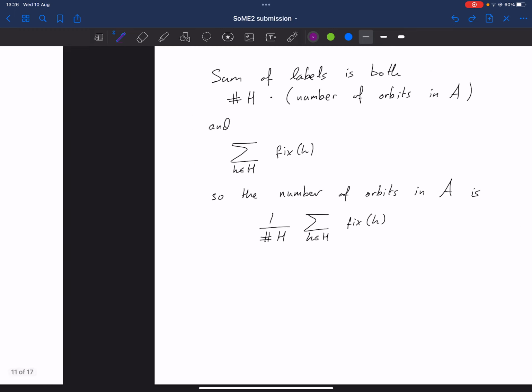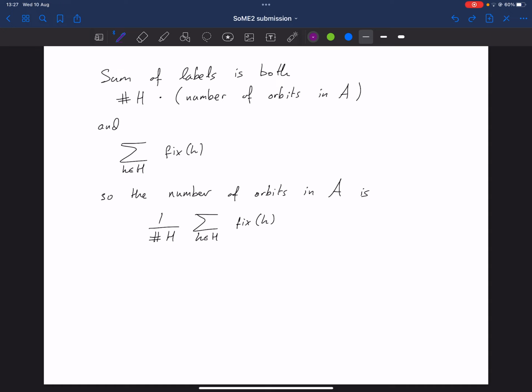Alright, now we have calculated the same quantity in two different ways. So we know that the sum of all the labels in our diagram is both the number of elements of our subgroup H multiplied by the number of orbits in A, and also this sum over the elements of H of the number of fixed points, the number of elements of A that are fixed by it.